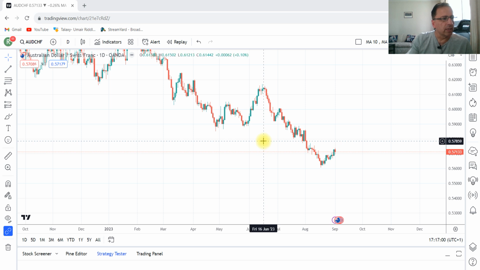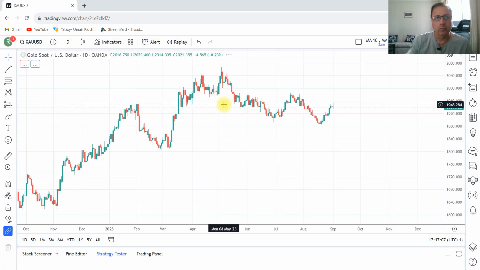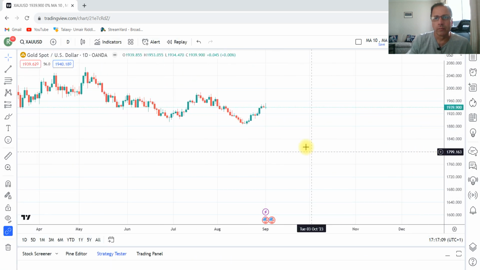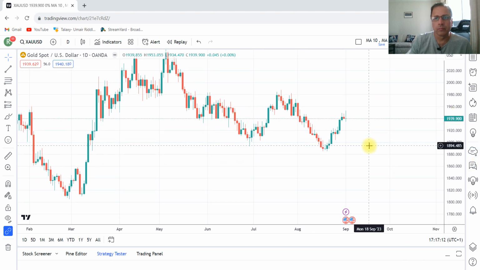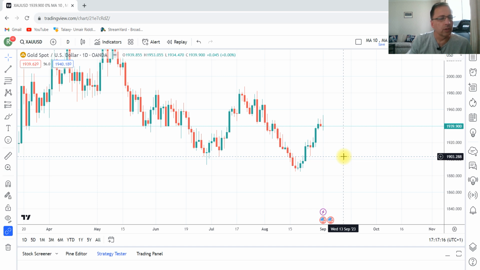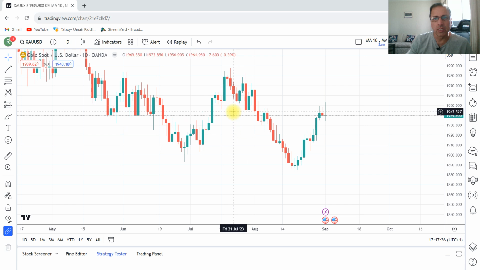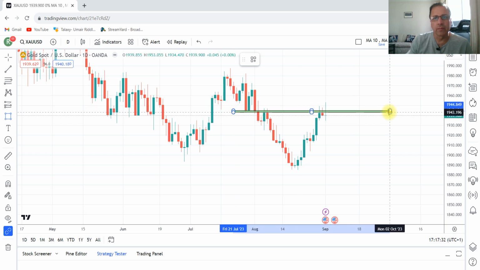The first pair today is gold. Right, let's zoom in a bit so that you can see it clearly. If you see gold on daily time frame, it is on this resistance level, right?